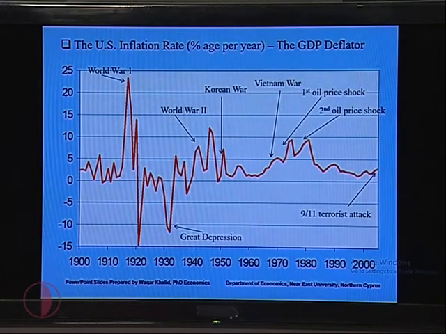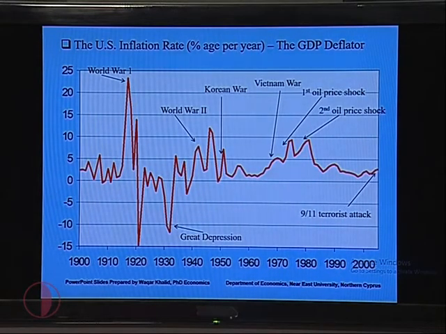So, we will be talking about all these different indicators for measuring the inflation rate in the coming chapters. But to be specific, this graph is based on the indicator of the GDP deflator.